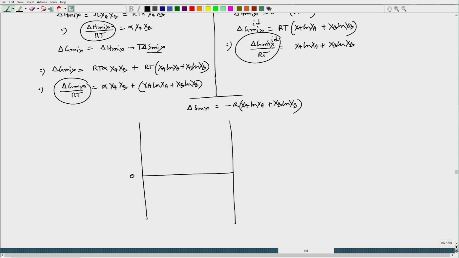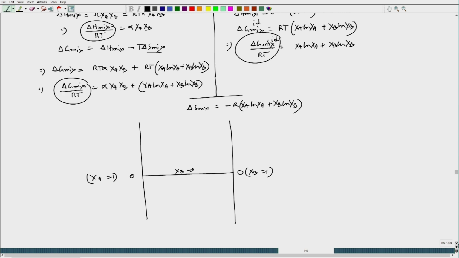This is 0, here on this side XB equal to 1, this side XA equal to 1, the two pure sides.